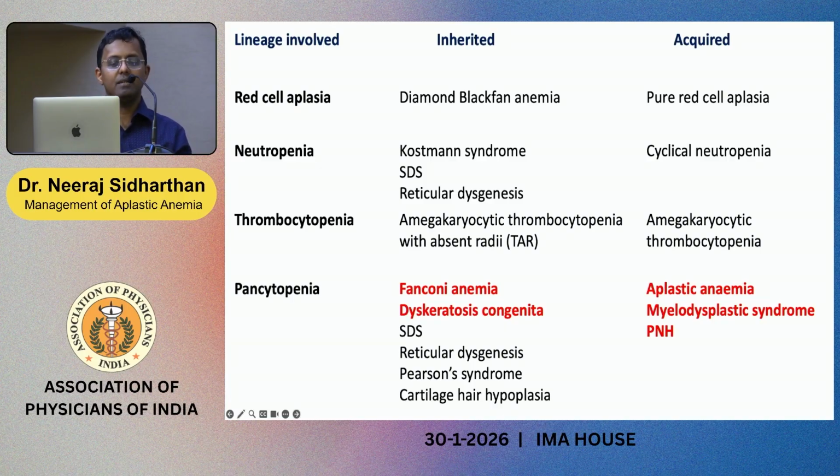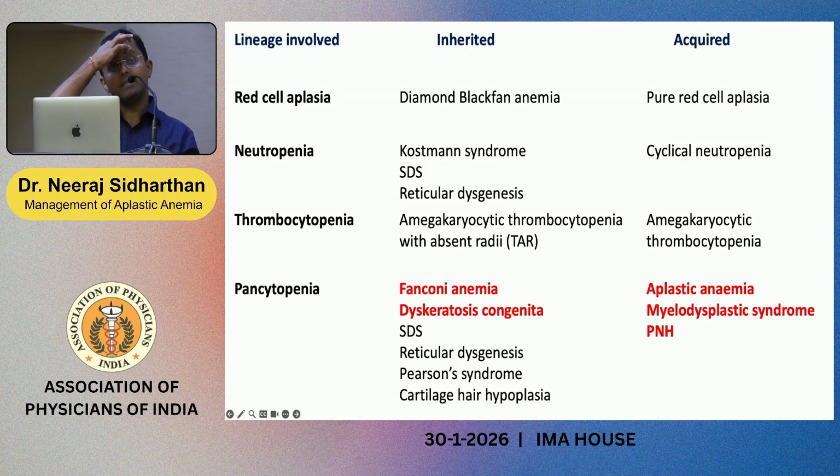And then in pediatric age group, the flagship disease is, of course, Fanconi anemia. And then some of us must have also seen dyskeratosis congenita. But there's a lot of other disorders which are not so common, but still we may have to keep in the differential diagnosis.